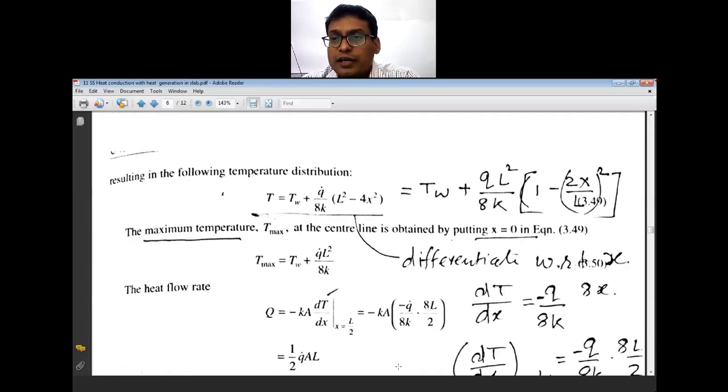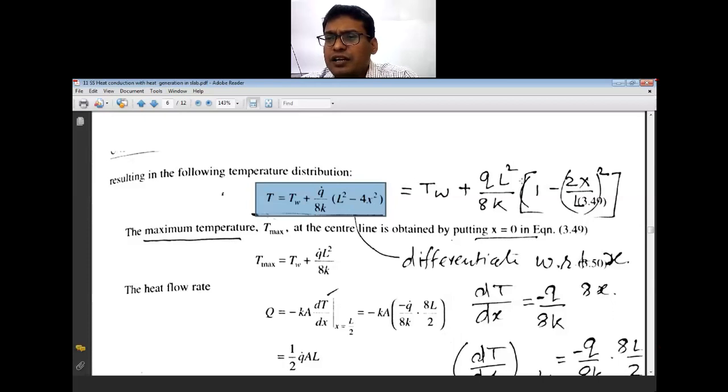Substituting these two values and simplifying, I obtain T equal to Tw plus q dot, that is the heat generated, upon 8k into (L square minus 4x square).